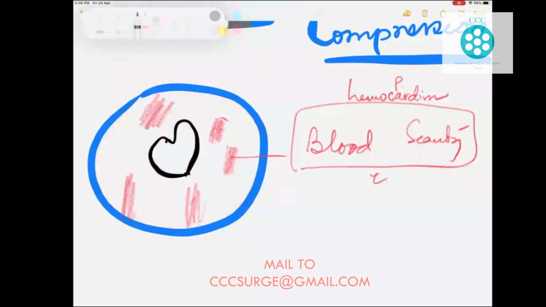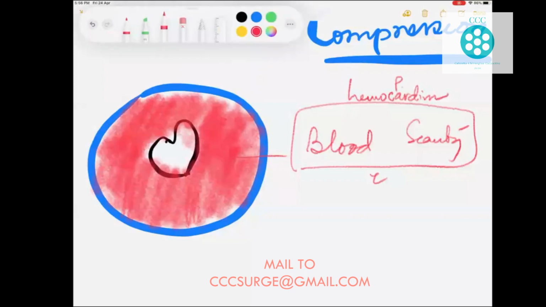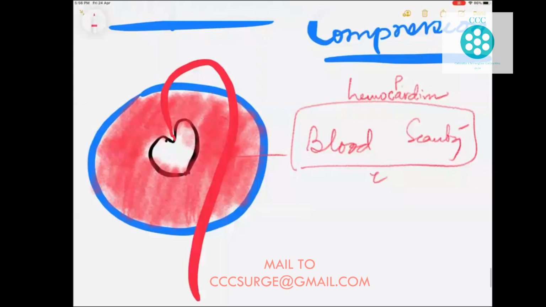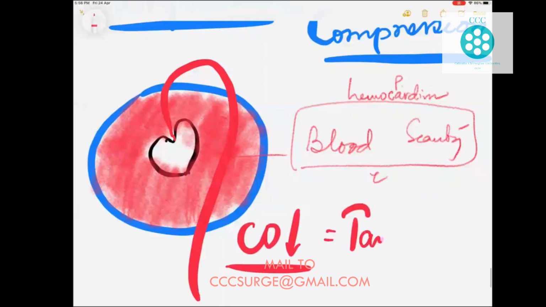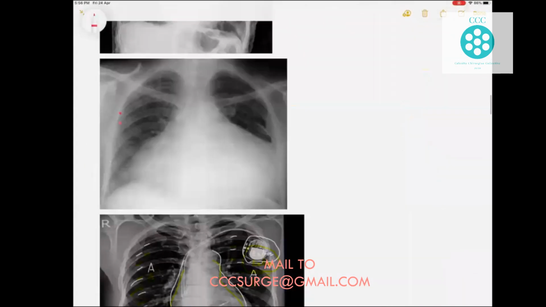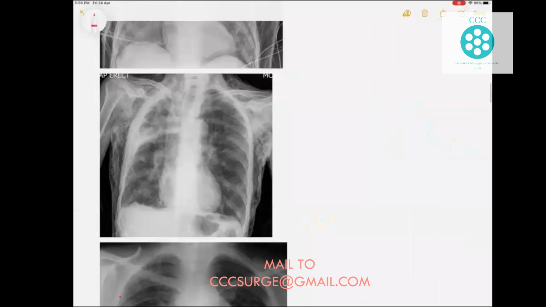What is compressed to make you so much afraid? Sir, the main thing compressed is the heart, so the cardiac output will fall. That is called a tamponade. I hope I have given you the answer. Hemopericardium is just the presence of blood, which may or may not mean a tamponade. Okay, right. So this is all about the pictures I was talking about. Coming on to this one, now see this interesting picture.